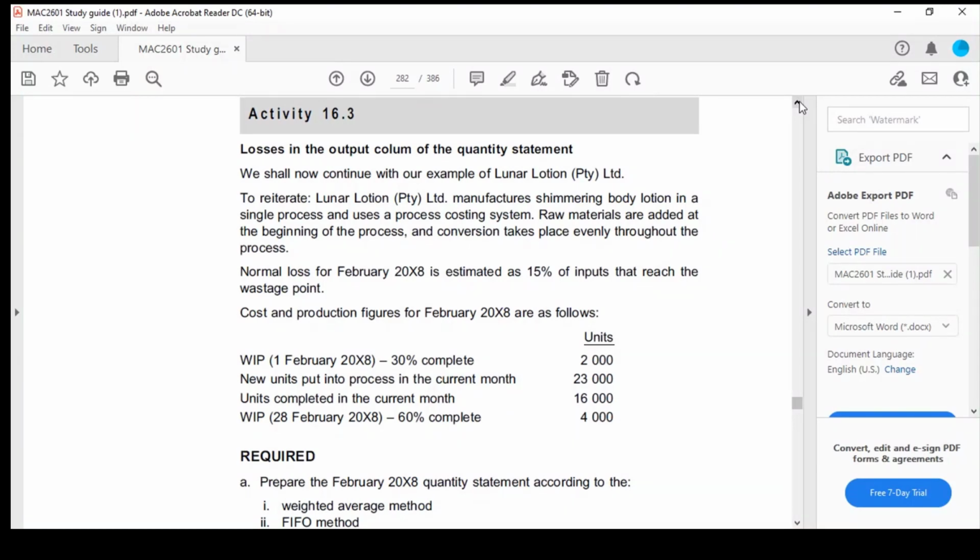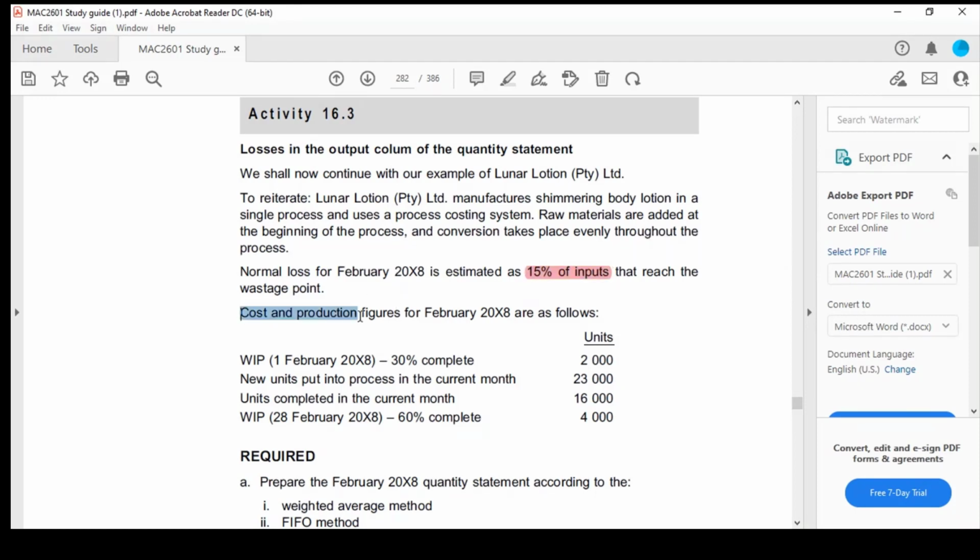Luna Lotion manufactures body lotion, and it's a single process. Raw materials are added at the beginning. Conversion takes place evenly throughout the process. Normal loss is estimated to be 15% of the inputs that reach the wastage point.